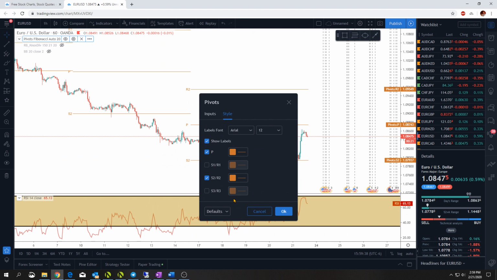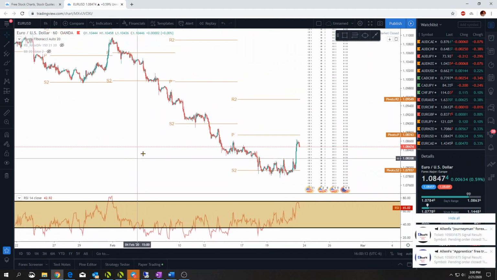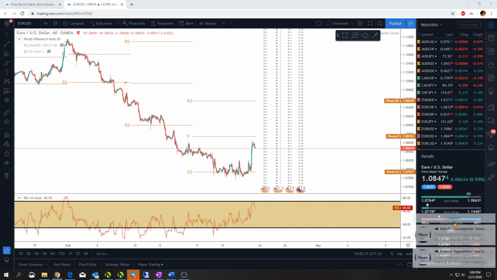You can change the colors, but this is where I show labels, so you'll see the P. I don't necessarily care about S1 and R1, so I take it off, and then I don't care about S3 or R3, but I like S2 and R2, and it'll be more apparent why when I show you guys. You could change the font, you could make it bigger, so it just stands out bigger, whatever suits your role.